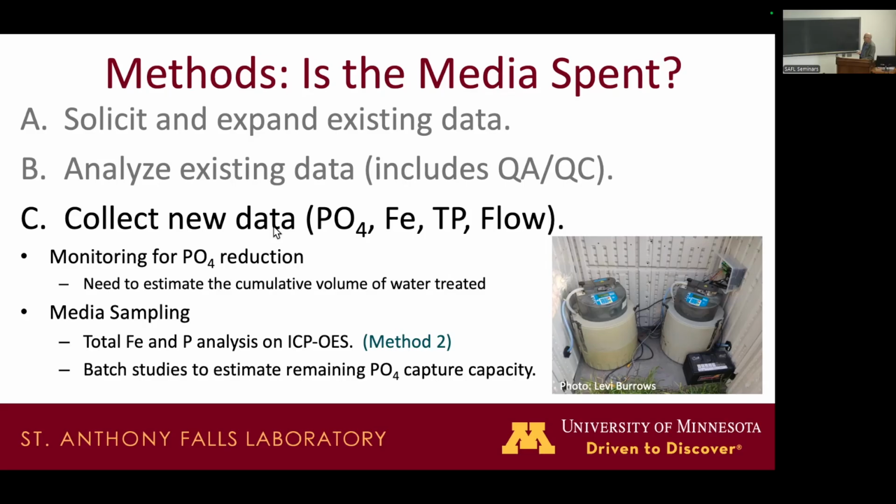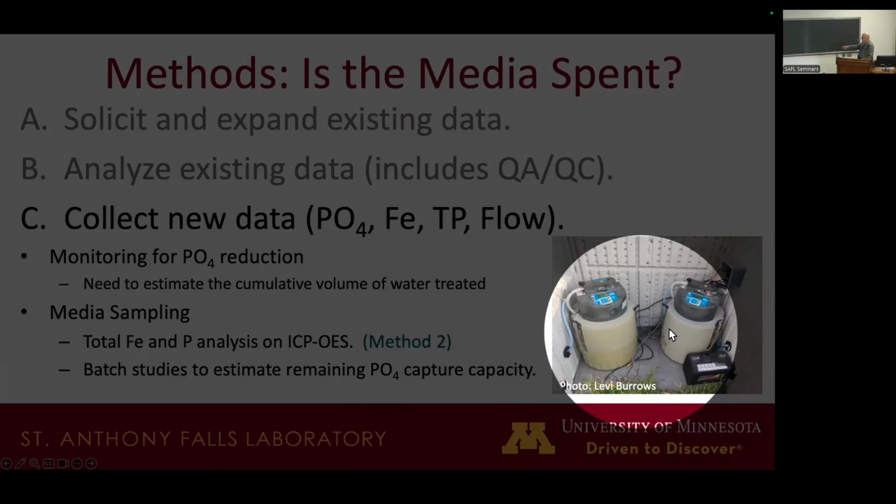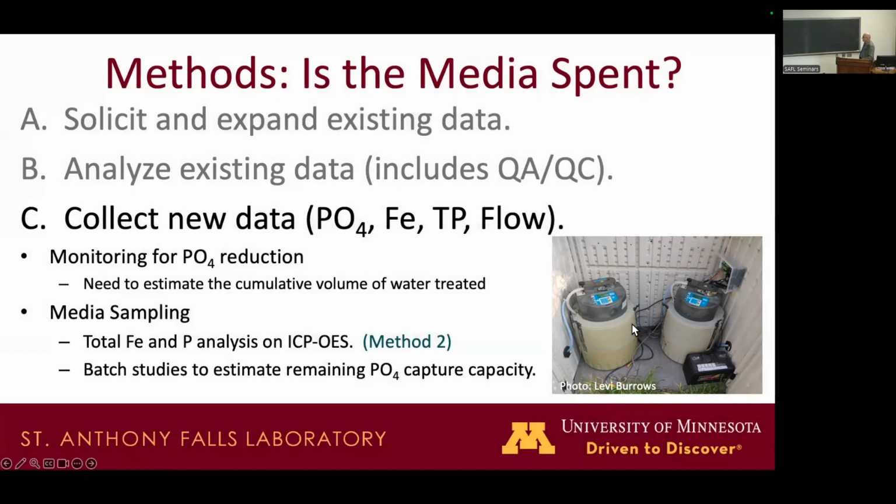We monitored for PO4 reduction, so we had a monitoring device like you see right here. We measured the PO4 reduction, but we needed to estimate the total cumulative volume of water treated, because that was what we're going to use in our metric.